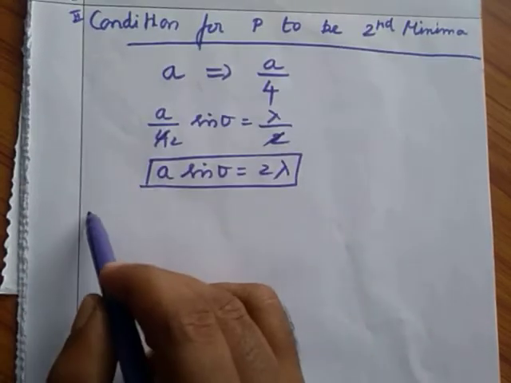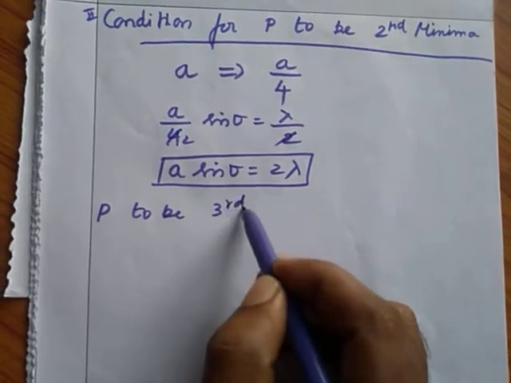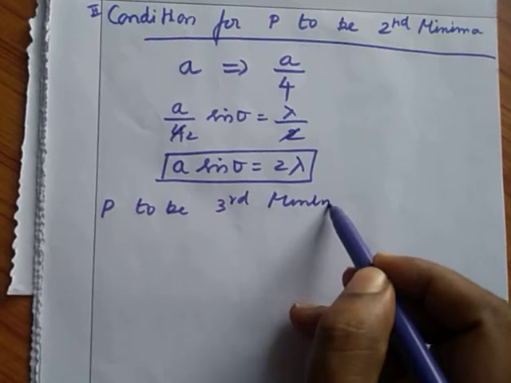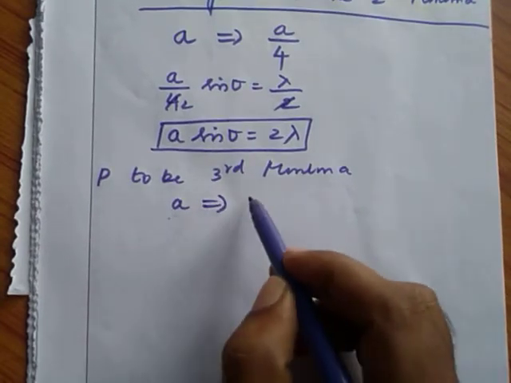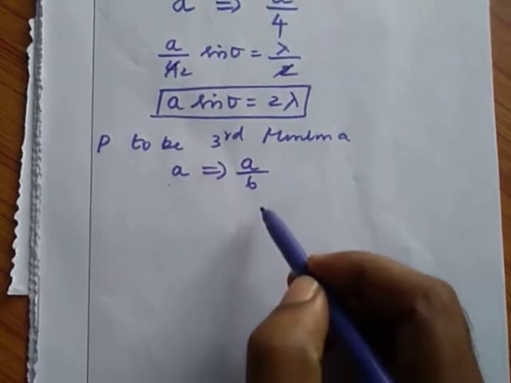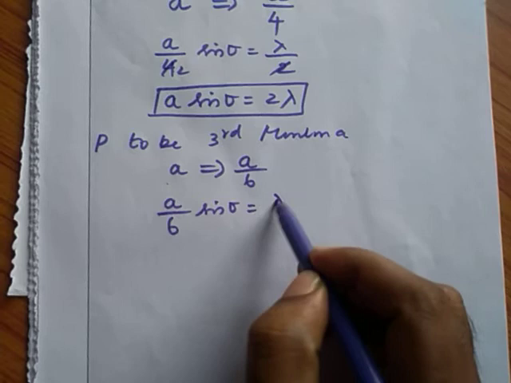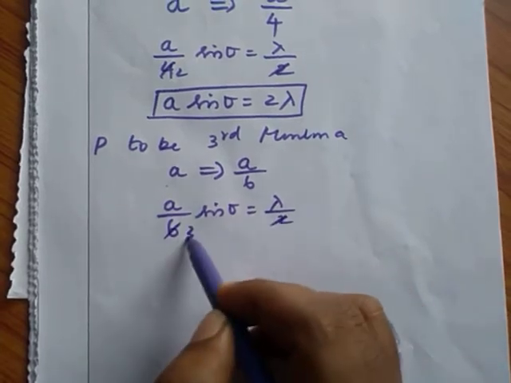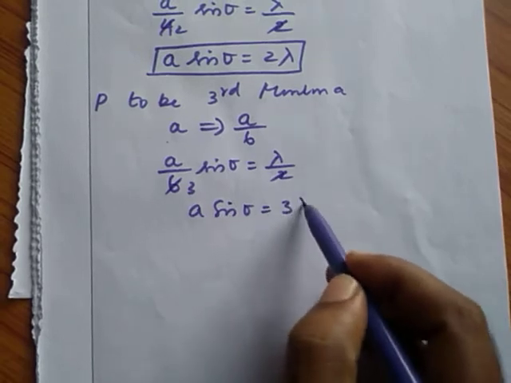Then for the condition for P to be third minima, we have to split the width of the slit as a by 6. Then we get a by 6 sin theta is equal to lambda by 2. After solving this, we get a sin theta is equal to 3 lambda.